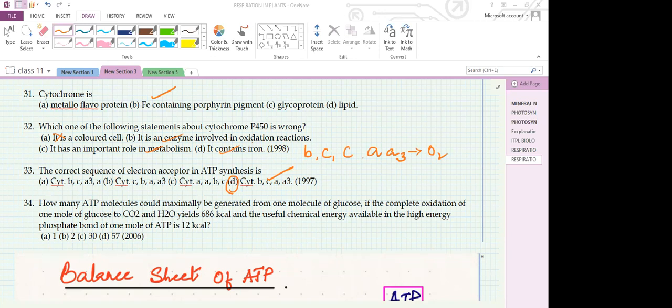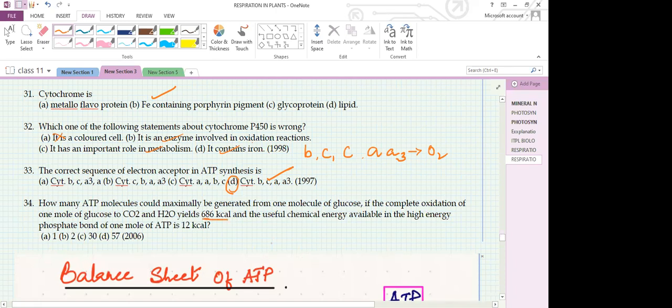Akash, read the question. If the complete oxidation of 1 mole of glucose to CO2 and H2O yields 686 kilocalories, and the useful chemical energy available in the high energy phosphate bond of 1 mole of ATP is 12 kilocalories? What's your answer?